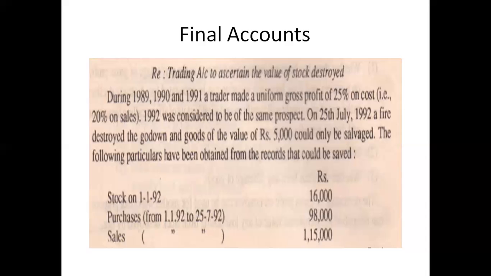Now here we are seeing that the problem has stated that the gross profit of 25% on cost, that is 25 divided by 125 into 100, that is 20% on sales. Now if the problem statement had stated that it was 20% on sales, then it would be 20 by 80 into 100, that is 1 by 4 into 100, or 25% on cost.